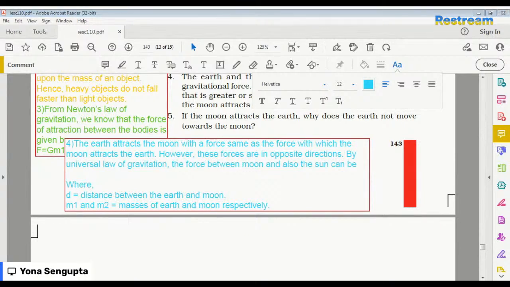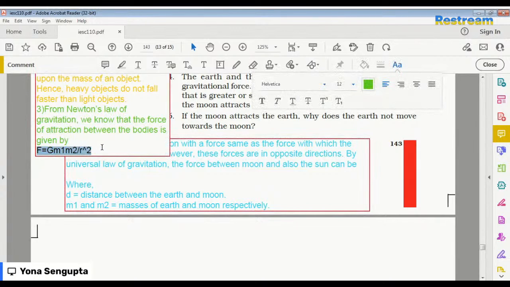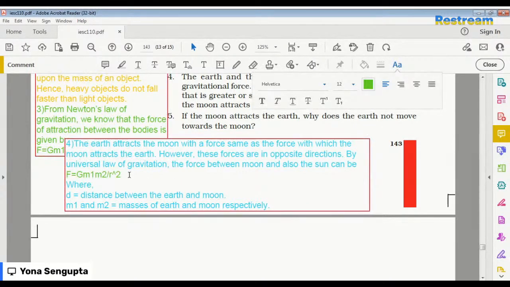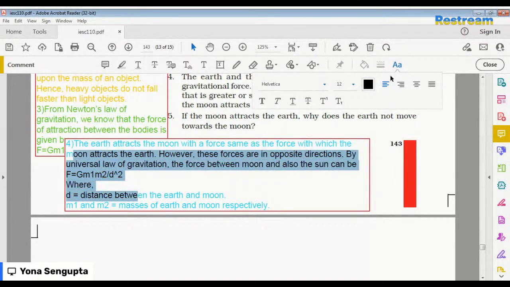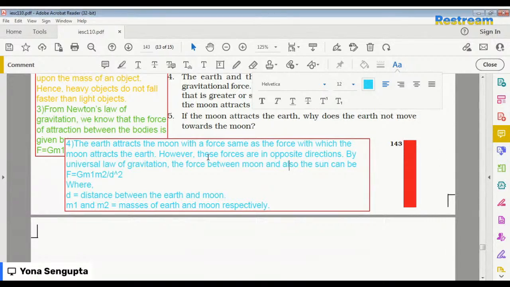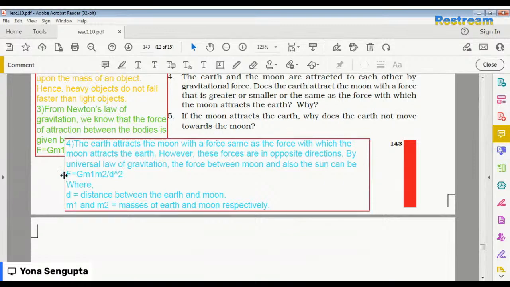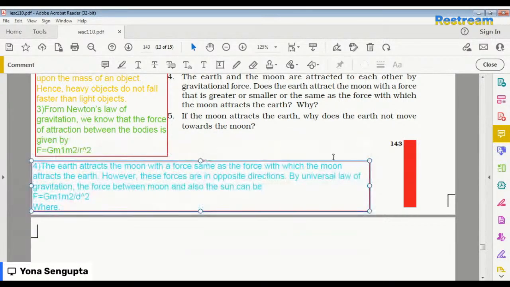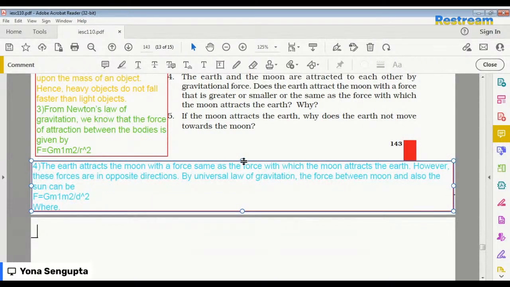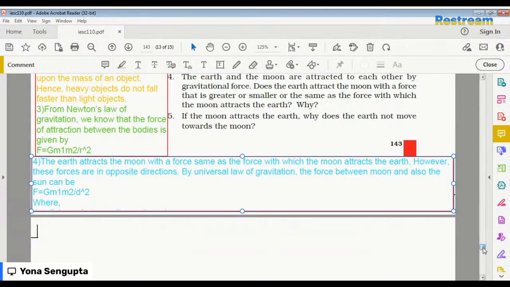By the universal law of gravitation, the force between the moon and the earth is F equals G m1 m2 by d square, where d is the distance between the earth and moon, and m1 and m2 are the masses of the two bodies.